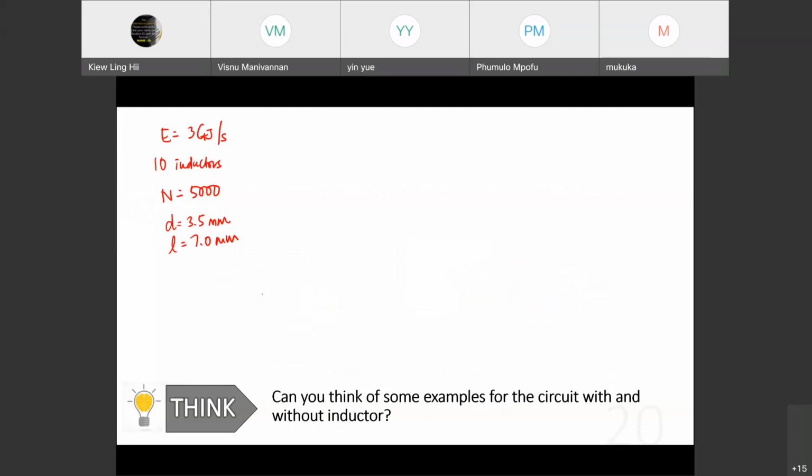Since we have the information for the solenoid, let's find the inductance first.